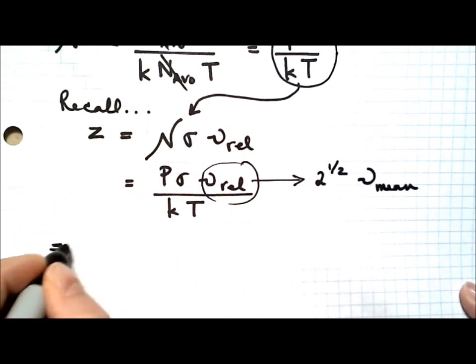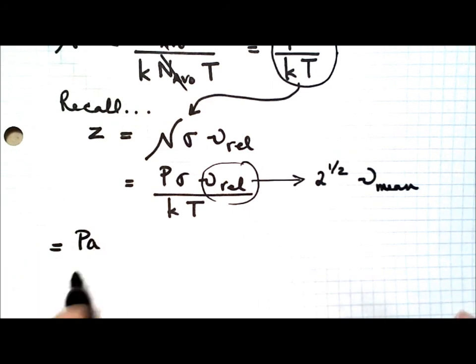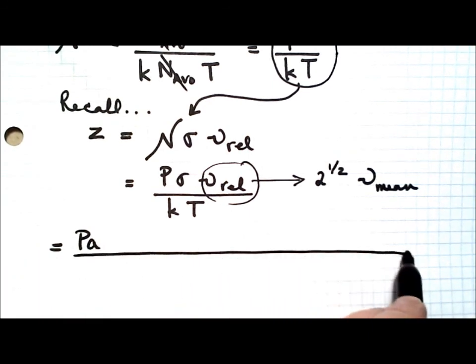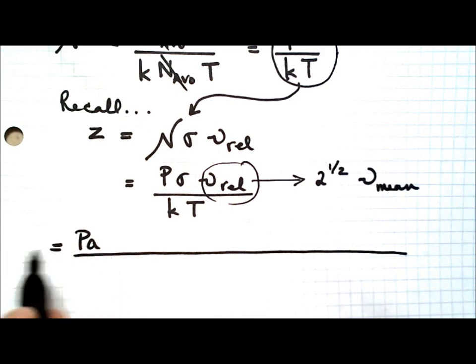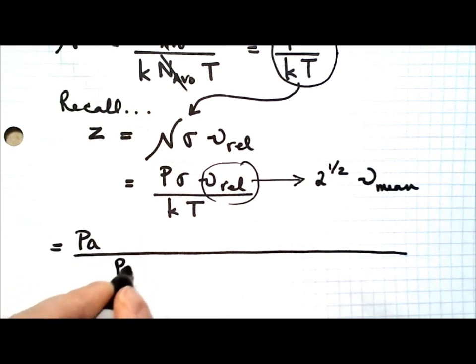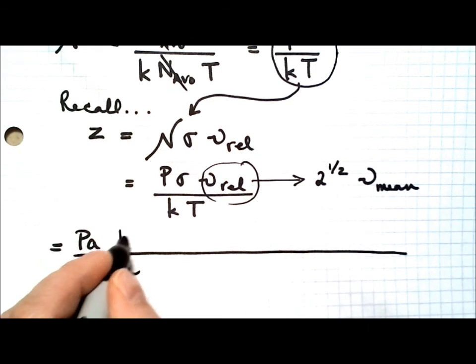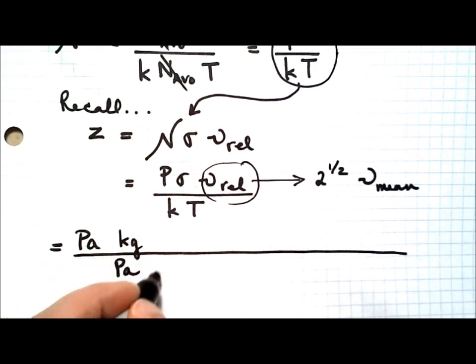So pressure is in Pascal. I'm just doing units here. And I want to open up the Pascal unit to its SI units. And a Pascal is a kilogram per meter second squared.